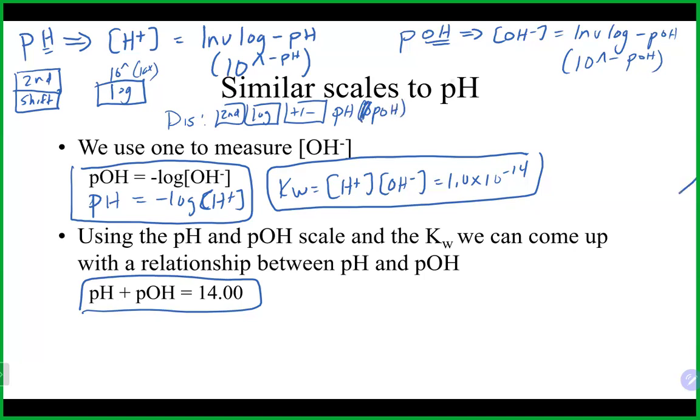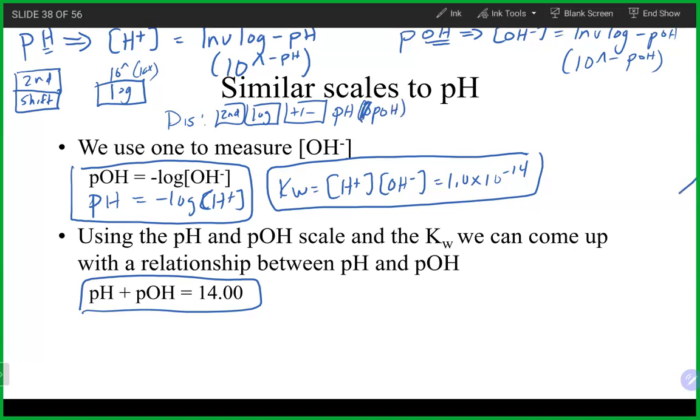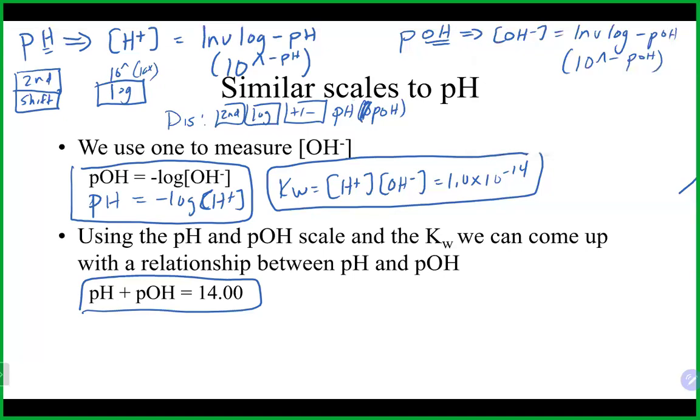If you have a non-display calculator, you would run backwards like all the other ones that we've been talking about. So you would do actually your pH or your POH, then you would make it negative. Then you would hit your second button, and then you would hit your log button. So again, depending on which way your calculator is running, that is how you would put in the top part.